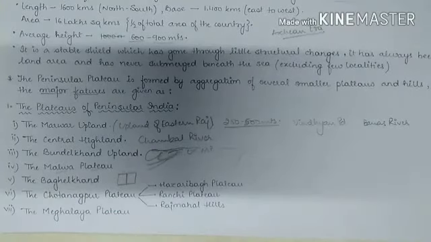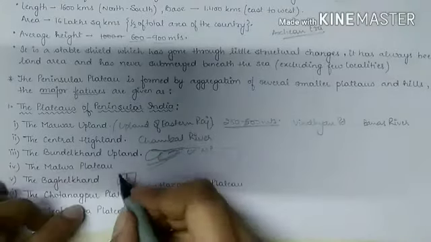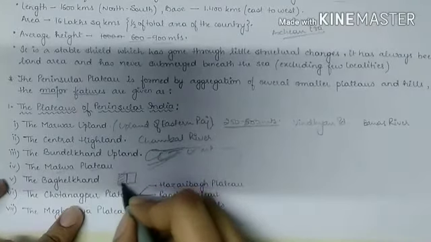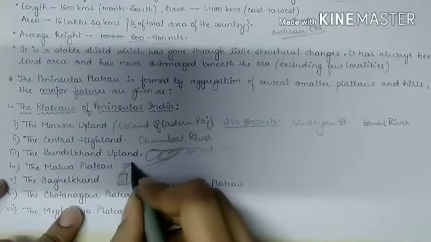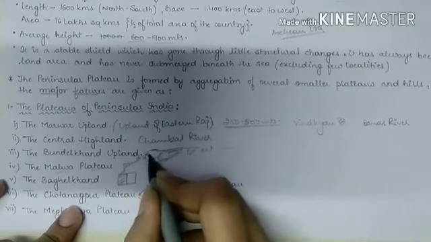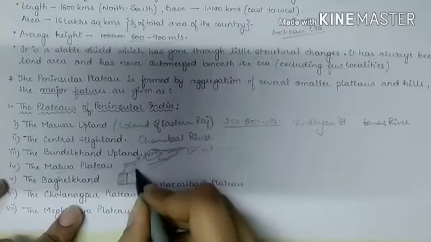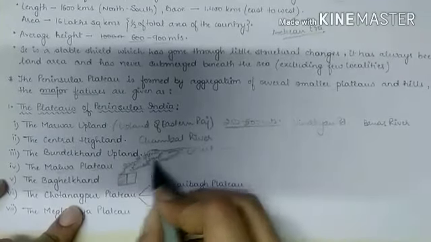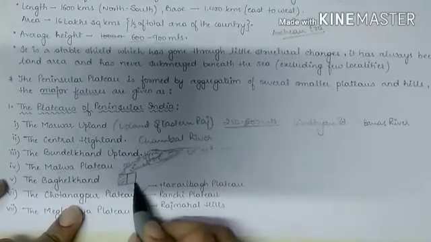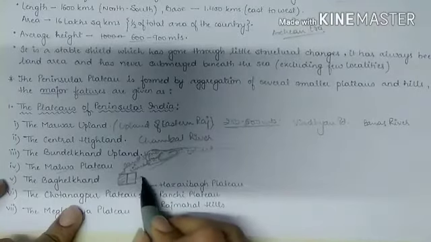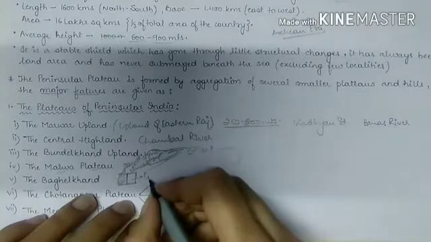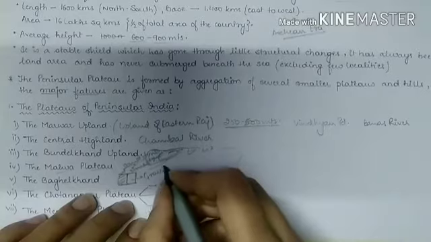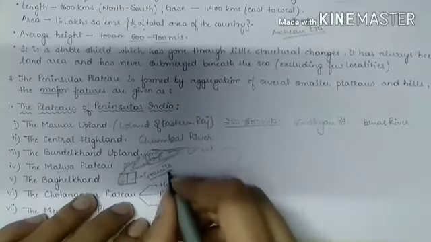The western part is made up of sandstone plus limestone, which are soft rock, while the eastern part is made up of granite, which is a hard rock structure.